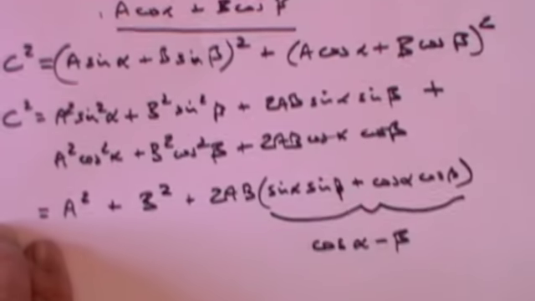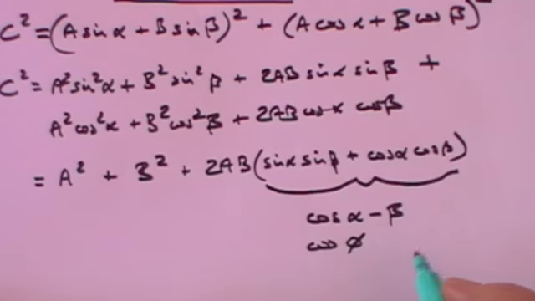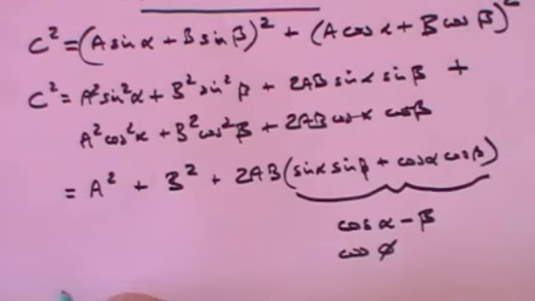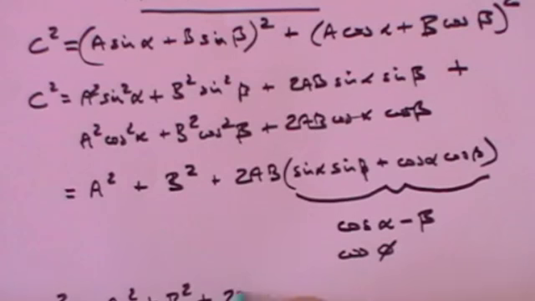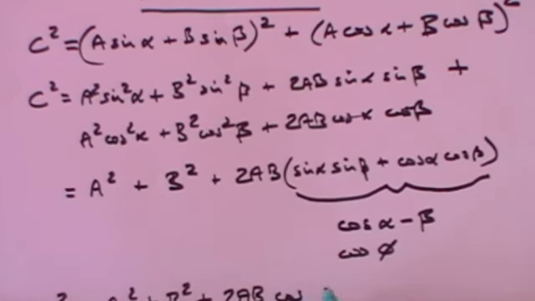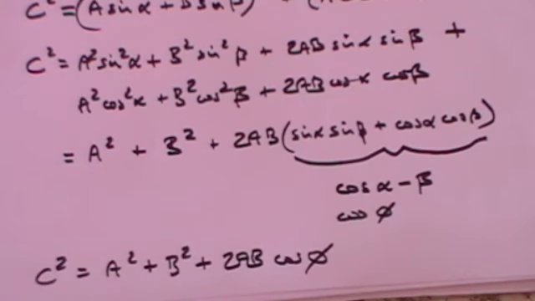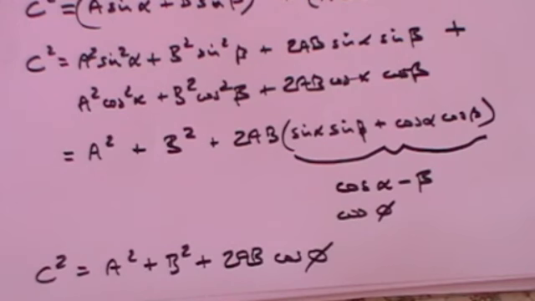Alpha minus beta is phi, the angle between the two. So you've got that c squared is equal to a squared plus b squared plus 2ab cosine phi. Which is exactly what we proved before, but this time we've done it by looking at the constituent components in the x and the y direction of each of the two forces.